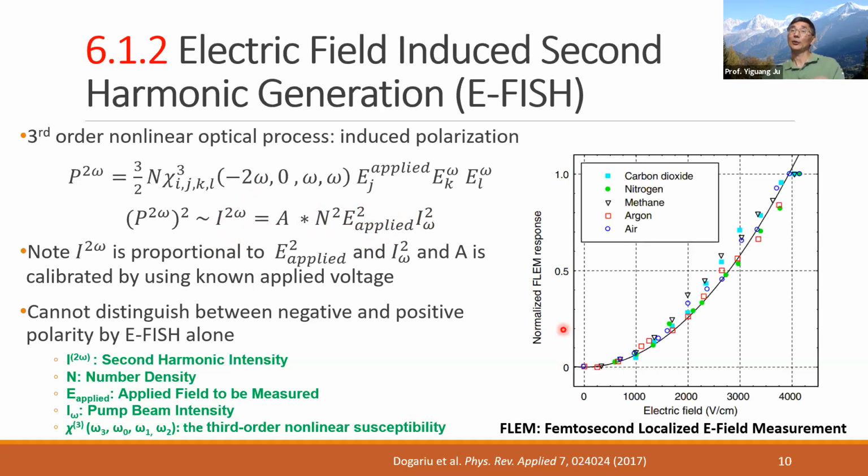For example, if you have a normalized femtosecond laser electric field measurement for different gases like air, argon, methane, and so on, and you apply an electric field, you can measure this signal and use it as a calibration table. Then you can back out the electric field in the in situ plasma discharge, assuming the composition does not change dramatically, because the second harmonic is mostly proportional to the major species.